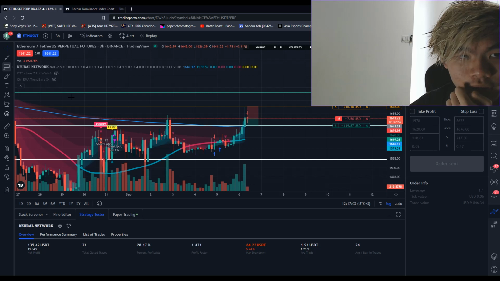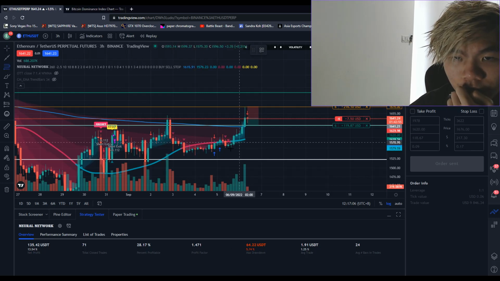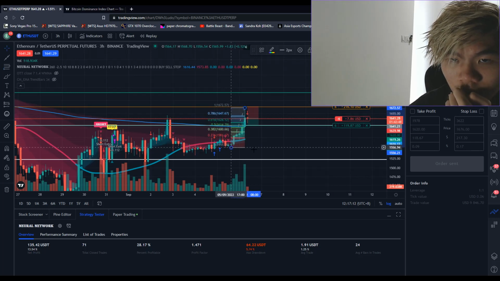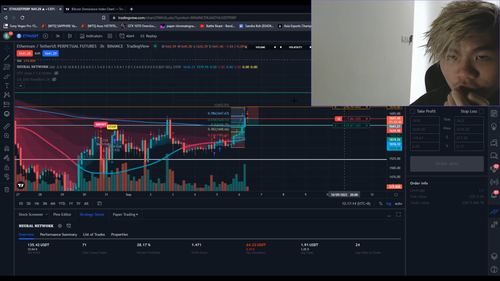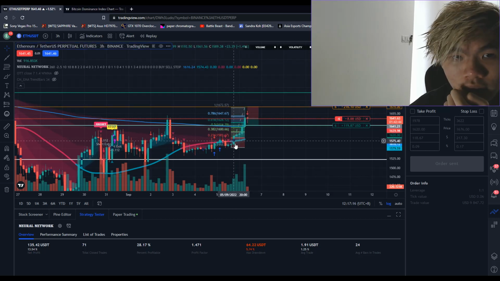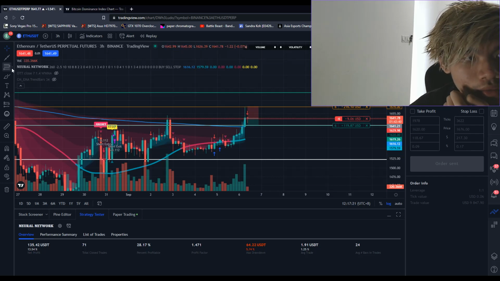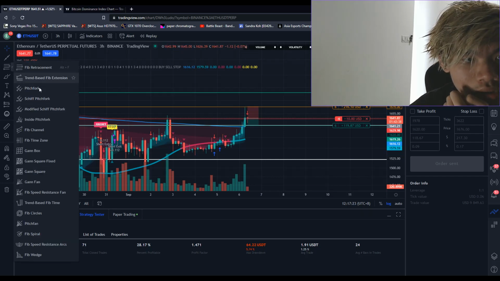Let's draw a Fibonacci chart here, from the swing high to the swing low. Swing low is here. Actually, let's draw a Fibonacci extension. I think it looks easier. Okay, so Fibonacci extension.